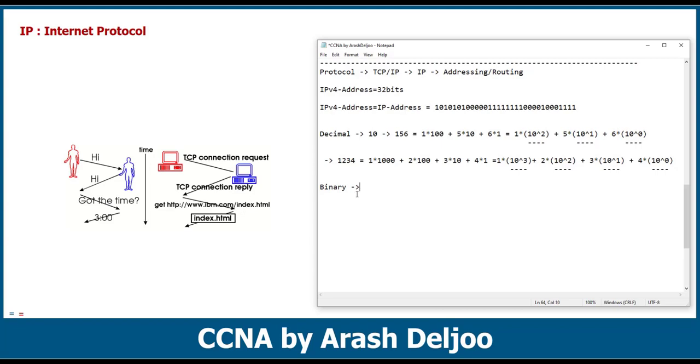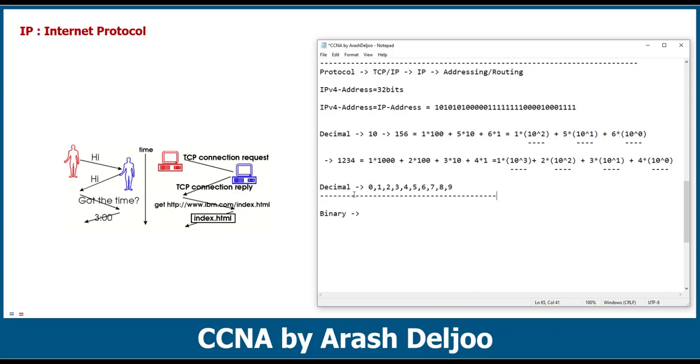In decimal value, as you know, we are using these numbers: 0, 1, 2, 3, 4, 5, 6, 7, 8, and 9. These are the numbers that we can use in decimal.